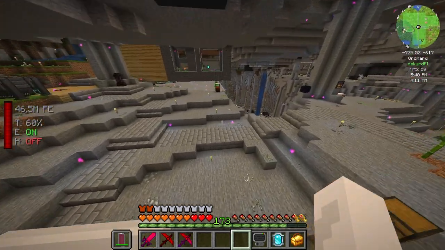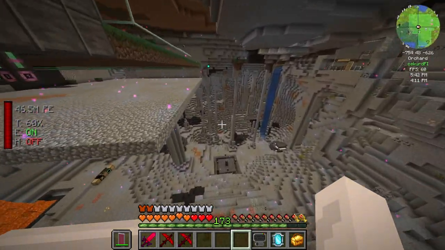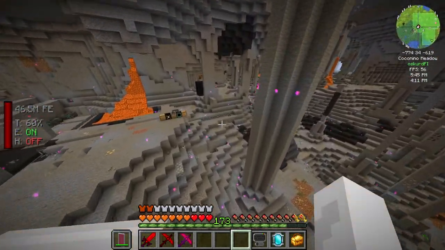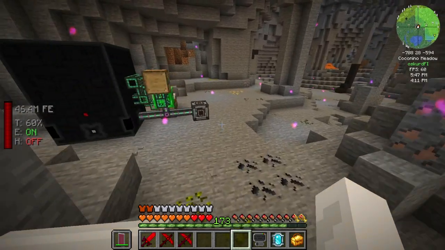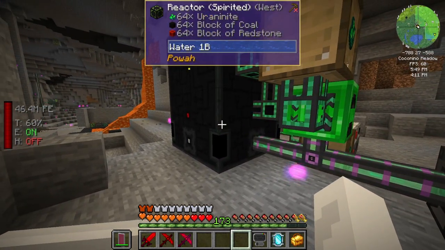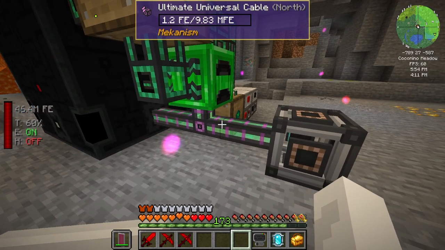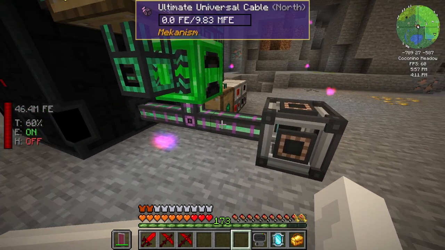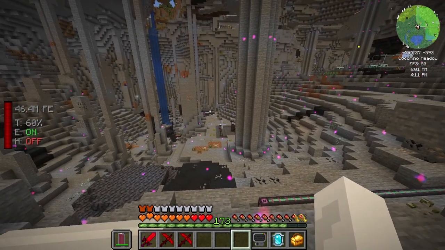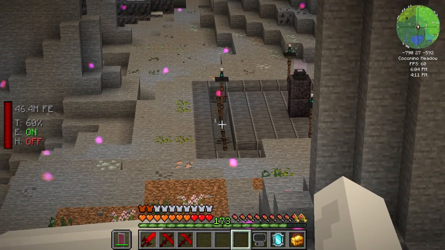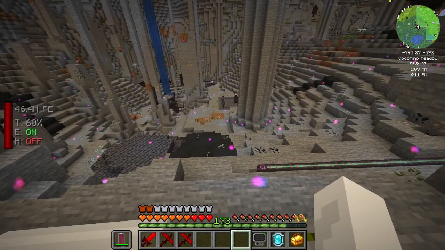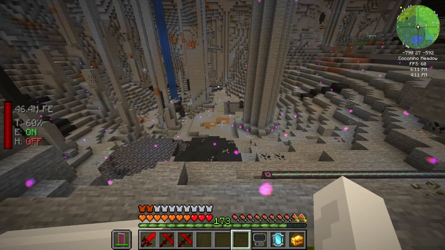If you have ever wondered what's going on with your output rates, same thing I was wondering here. I had my reactor, and then my cables were empty for some reason. I have no idea why. Earlier that Ender IO cable going from here down there wasn't full, which is very, very weird.